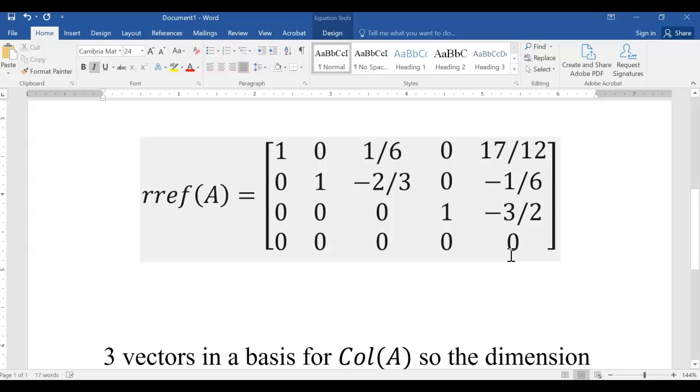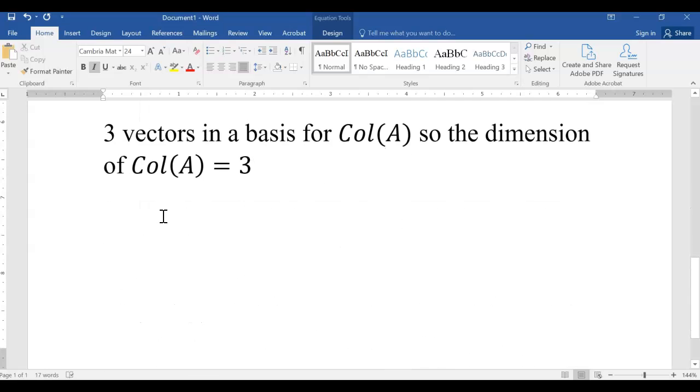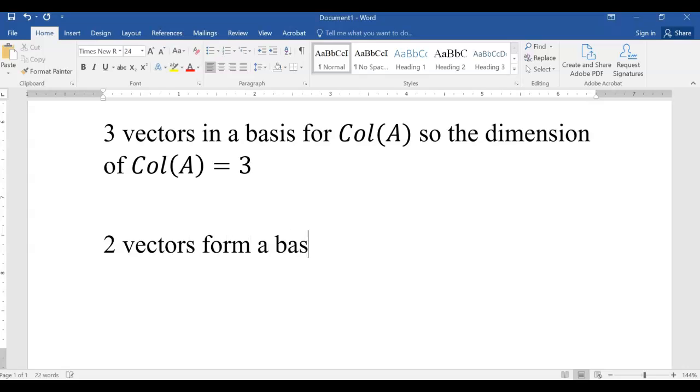And therefore, when you wrote your parametric solution, it's going to involve 2 different free variables and 2 different vectors. And those 2 different vectors are going to form a basis for the null space of A. So 2 free variables means that 2 vectors form a basis for the null space of A.